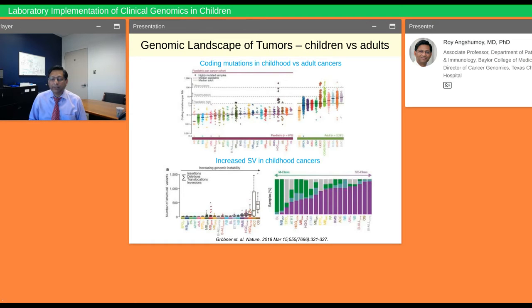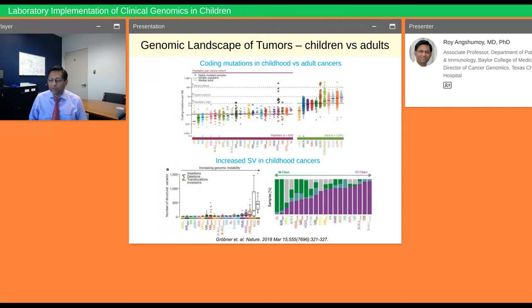Now, if you look at the bottom, you can see the number of structural variations in childhood cancers. On the left, you see the number of structural variations by different pediatric cancer type, and you can see that some of these on the right again do have a high number of structural variations in their tumors, such as adrenal cortical carcinoma and osteosarcoma.